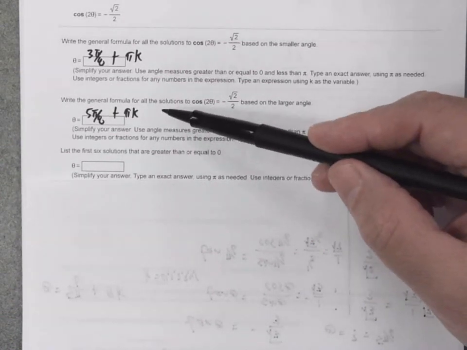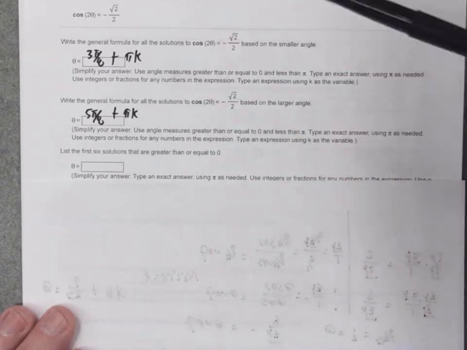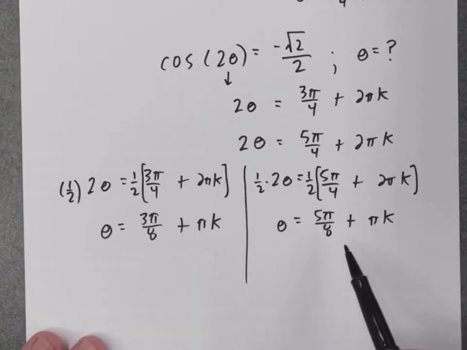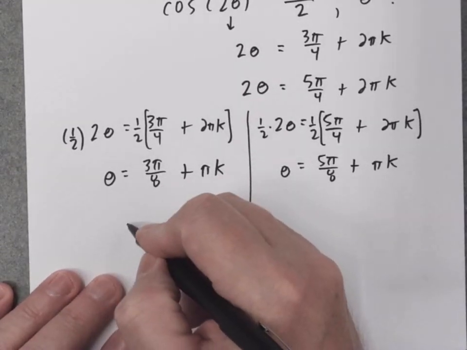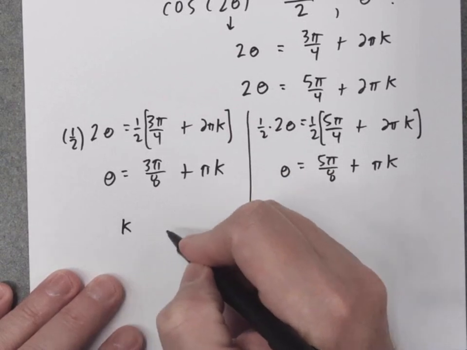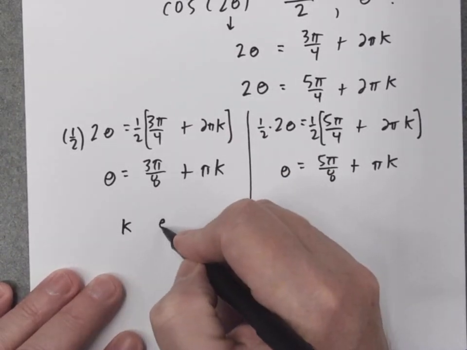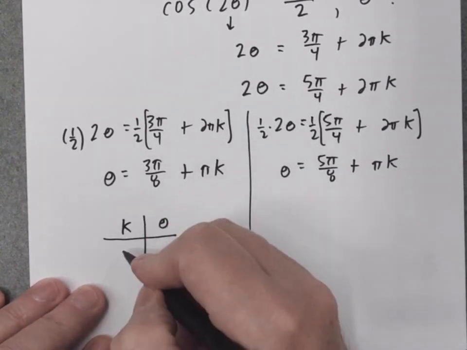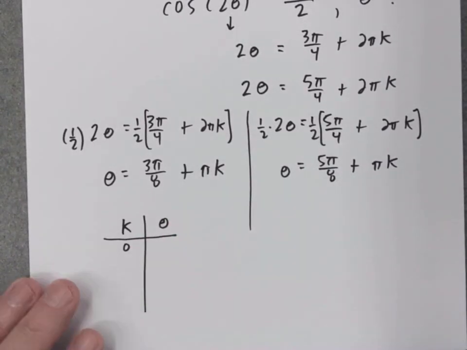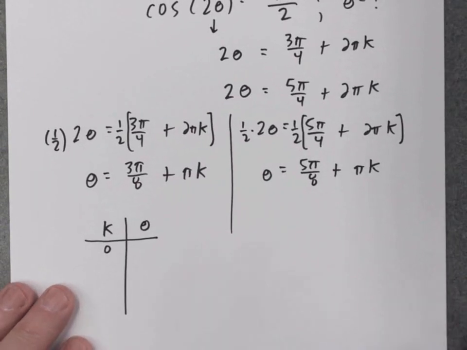So this is what you've done before when you had to solve equations and give a general solution. So just to finish this problem, here are my 2 general equations. So remember what I do? I usually go here and I make a column for k and then a column for theta. And we start by setting k equal to 0.